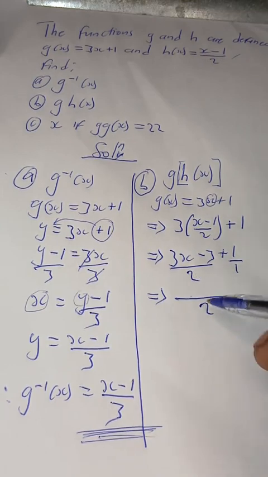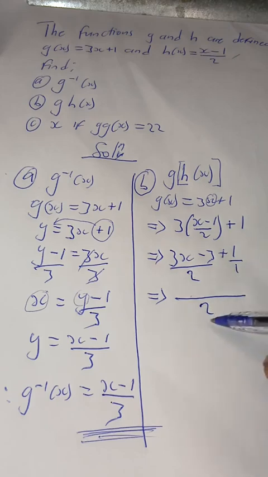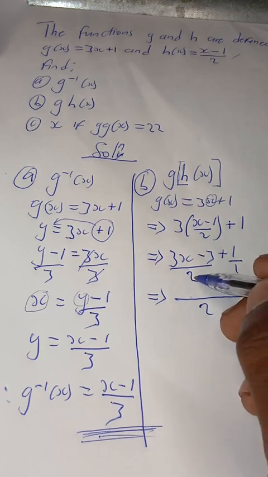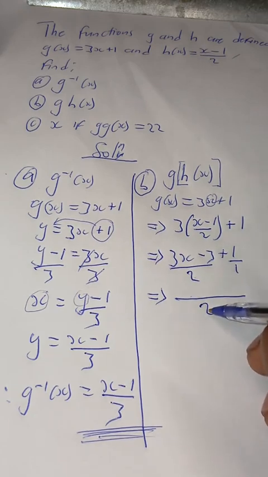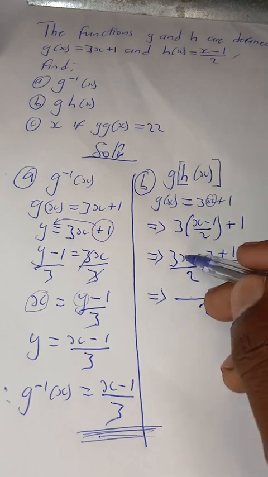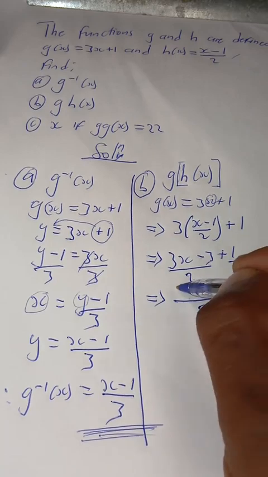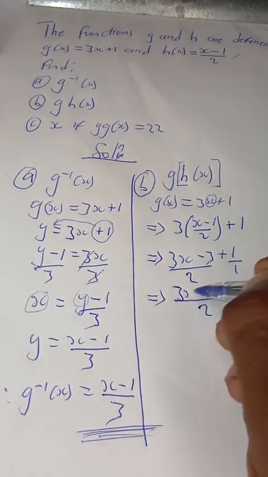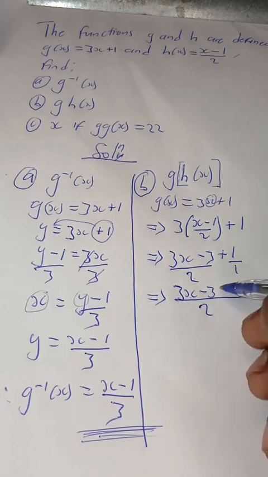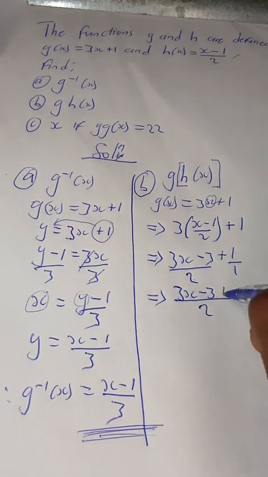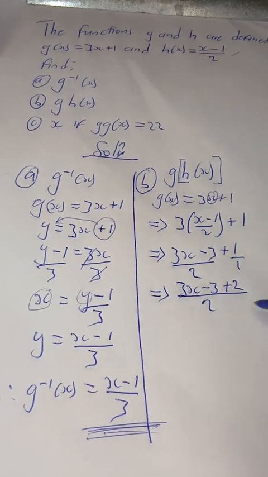So 2 can go into 2 and 1 can go into 2. This denominator divided by this one is 1 times the numerator. Since it is 1, this numerator will come the way it is. 1 into 2 is 2, 2 times 1 is 2.